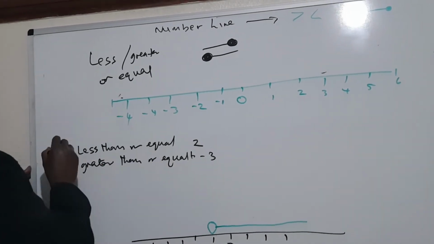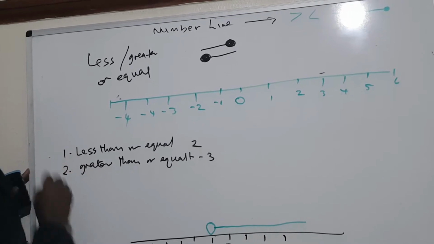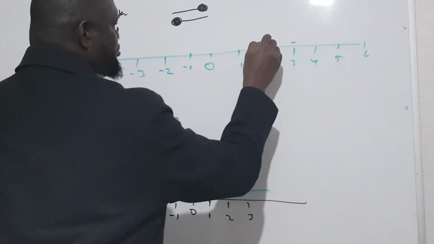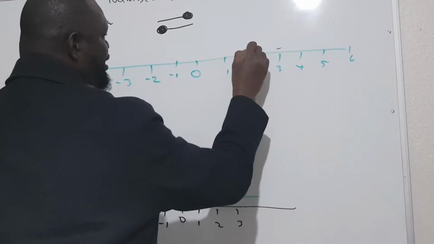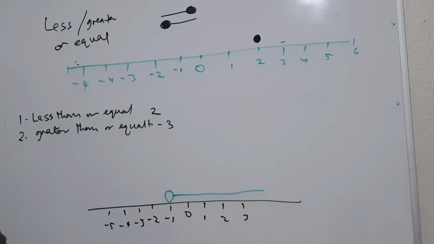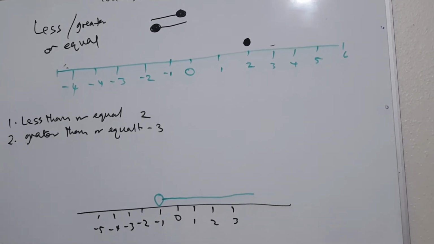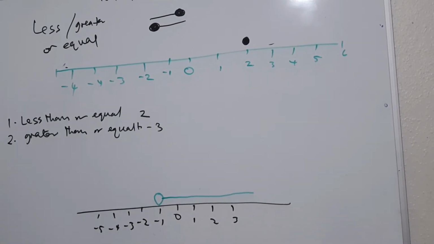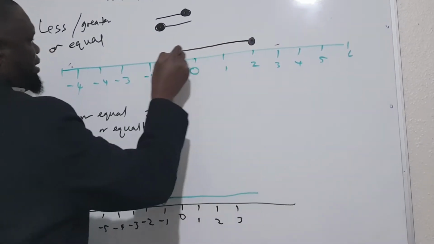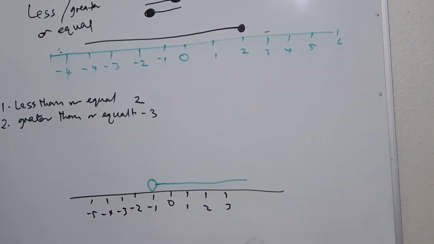So for scenario number 1 and number 2, we identify our 2. Since there's the word equal to, that means a shaded circle. Now, if it is less than, it means the numbers must be less than or equal to 2, so this will point that way.